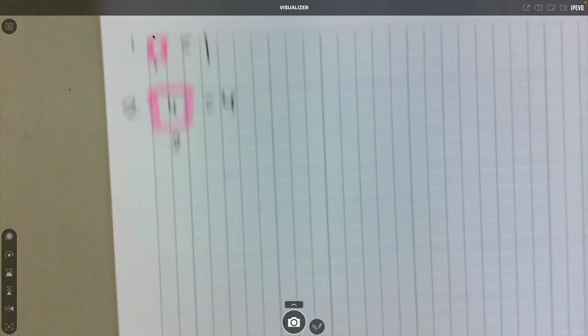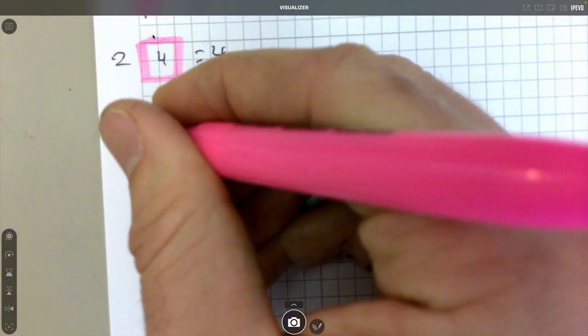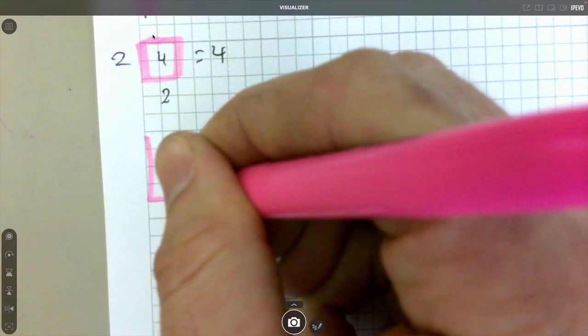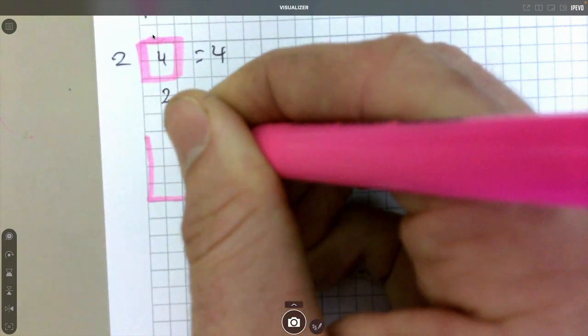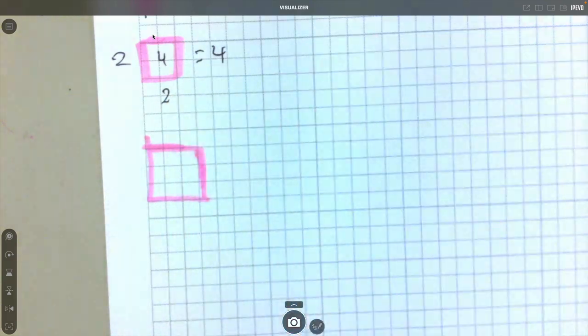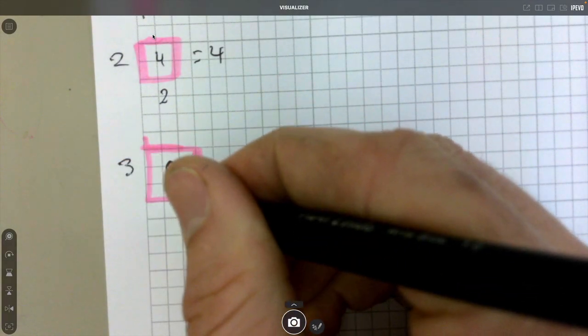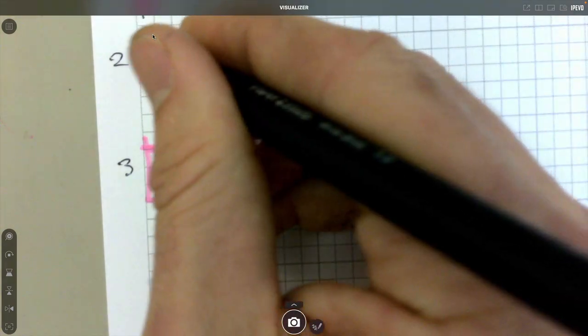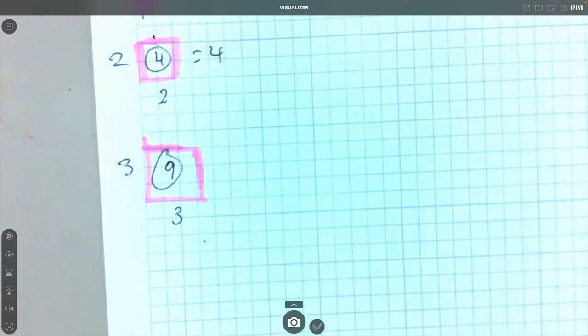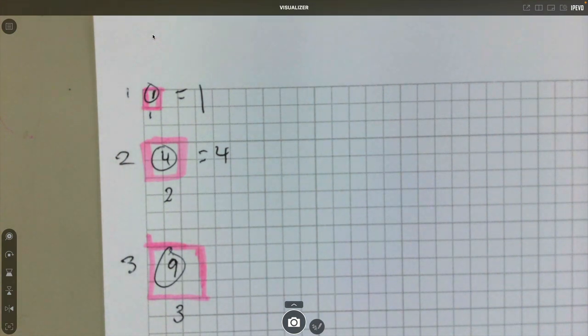You could keep going with 3 by 3. That is a perfect square of 9. 9, 4, and 1 are all perfect squares.